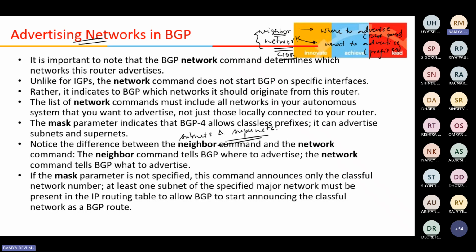From BGP4 onwards, it supports classless prefixes as well. We can advertise both subnets and supernets with the help of a mask parameter. If I'm not specifying the mask explicitly, BGP will announce the classful major network. For that, at least one subnet should exist in the routing table. So this is the difference between the network and the neighbor commands.